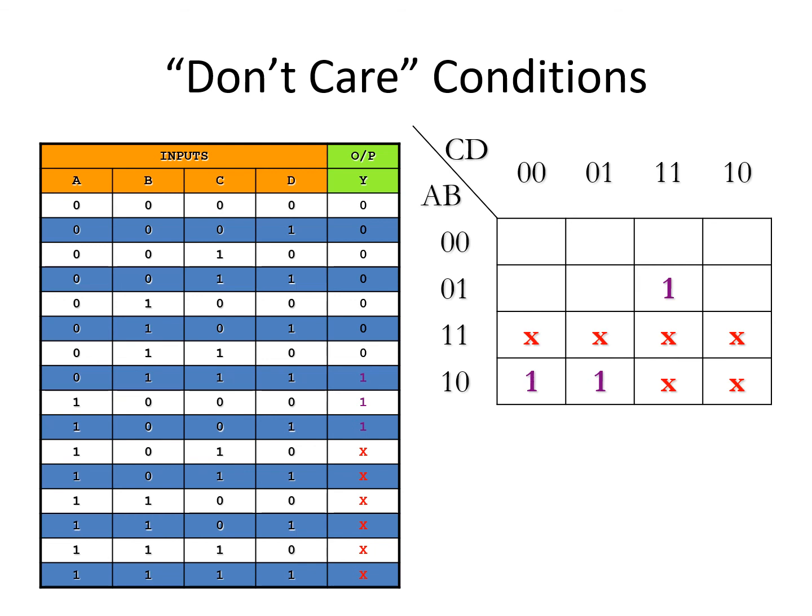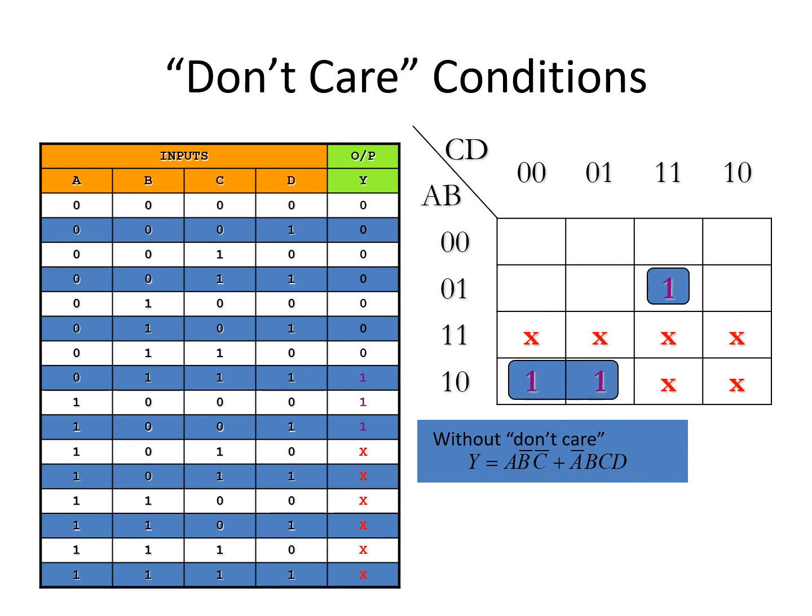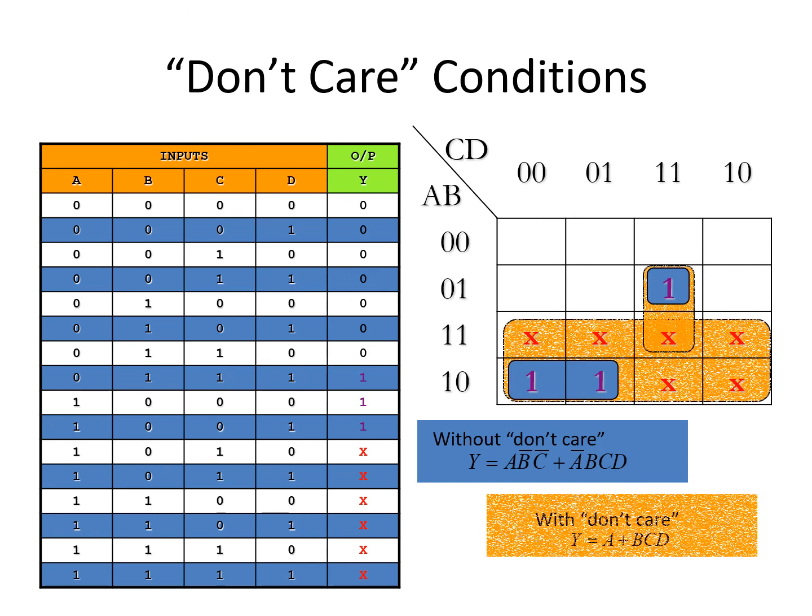So, when you have this truth table, you can have the don't cares marked as X on the K-map, and you could see that if you are having an expression without considering the don't cares, what you are going to get is Y = A B' C' + A' B C D. But when you go and use those don't cares also in grouping, you could see that there is a reduction in the expression. Y = A + B C D.